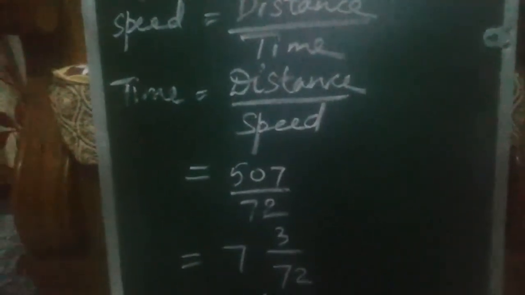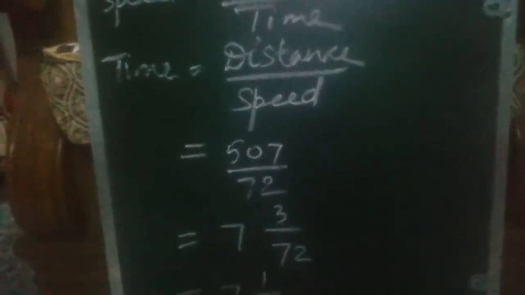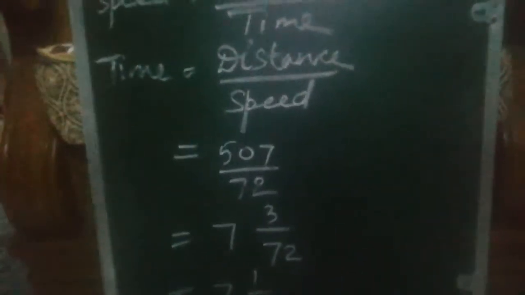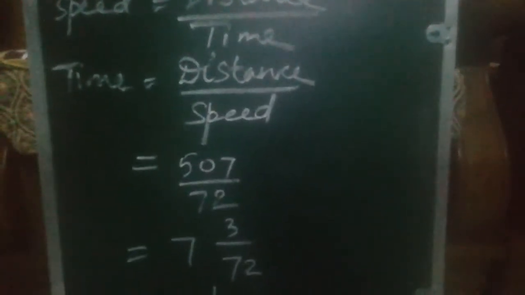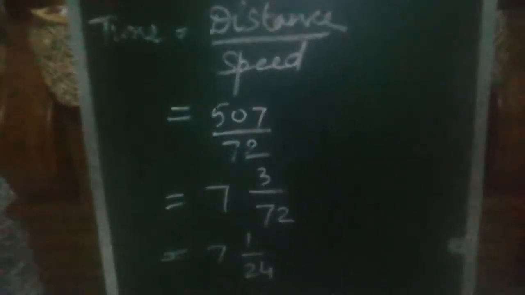When we divide 507 by 72, beta, we have the quotient as 7 and the remainder is 3. So we will write it as 7 3 by 72, that means 7 3 by 72 hours. But we have to write it in simplified form. So 3 by 72 is equal to 1 by 24 hours. 7 1 by 24 hours. 7 hours is okay, but what is 1 by 24 hours?